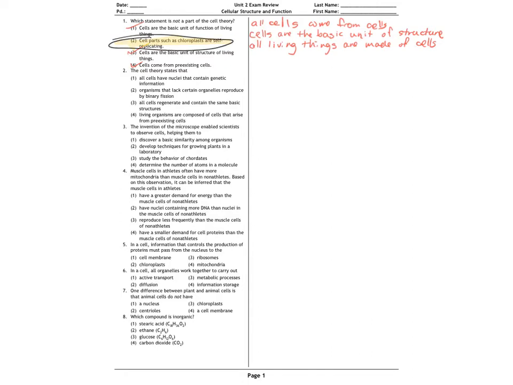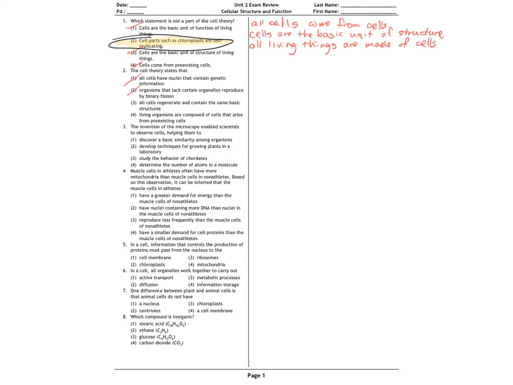So continuing from there, in question number 2, we see that the cell theory states, we have some statements here that are false. The first statement that's false is that all cells have nuclei that contain genetic information, so let's take that out. Choice 2 says organisms that lack certain organelles reproduce by binary fission. It's a type of reproduction. It's not part of the cell theory, as you can see here.